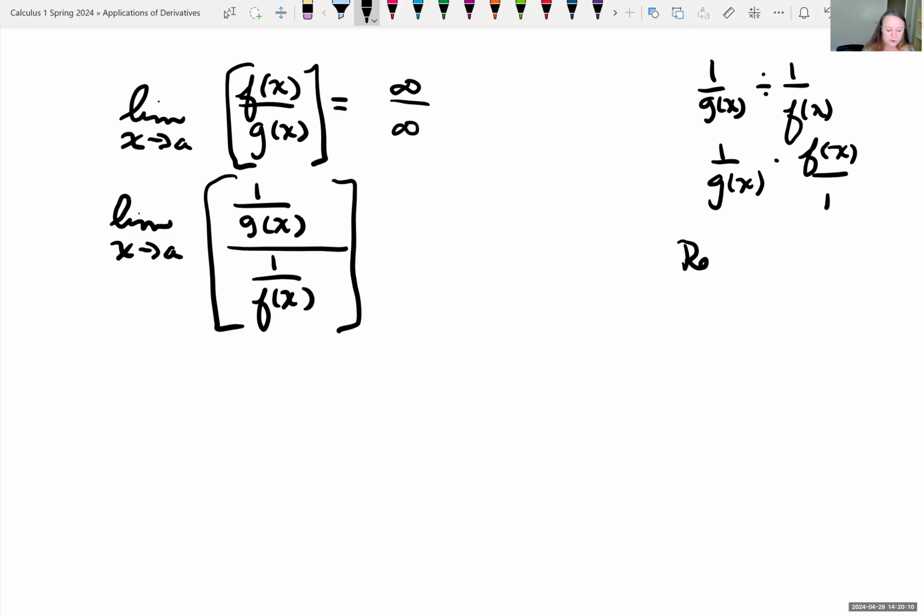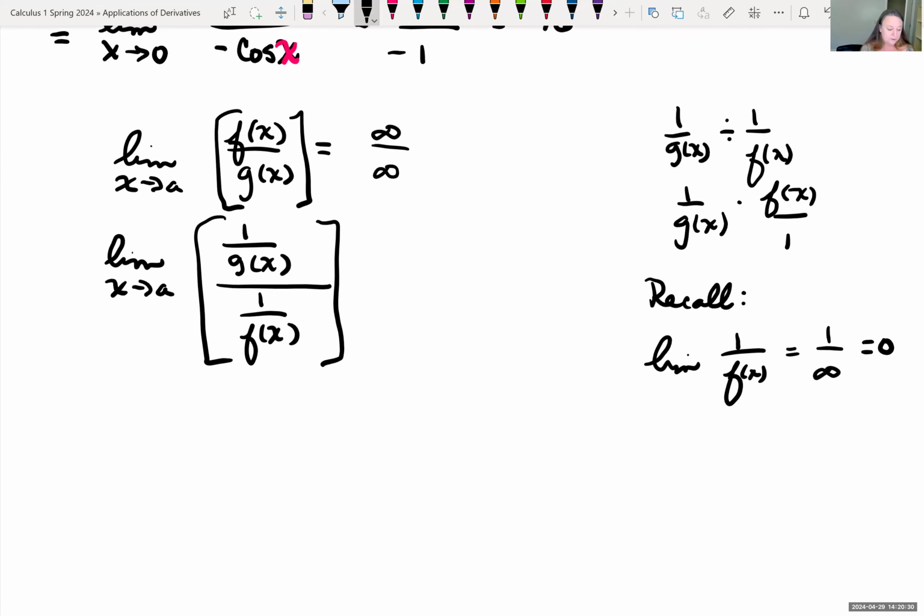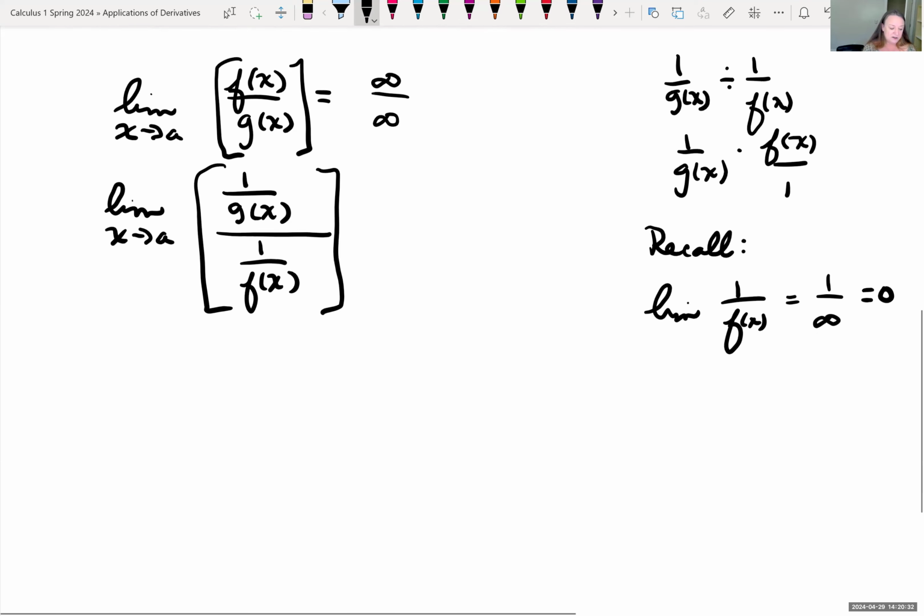Recall, though, if you were taking the limit and we had something of 1 over, let's just say, f of x went to infinity, we saw that 1 over infinity goes to 0. So in this case, I know f of a goes to infinity, and g of a goes to infinity.